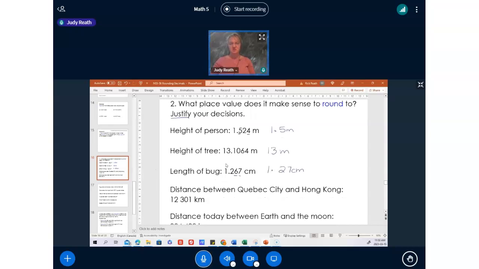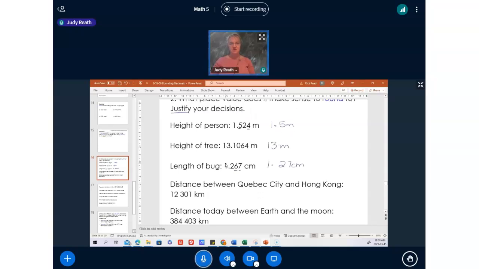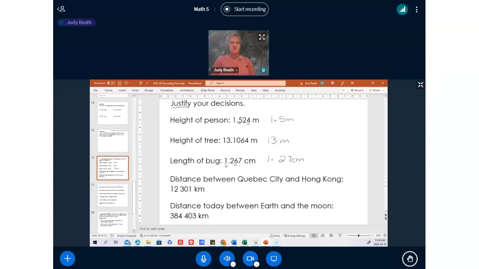The distance between Quebec City and Hong Kong, we probably don't need to know that it's closer than 12,300 kilometers. So we'd probably round it to the nearest 100. And the distance today between the Earth and the Moon, it changes every so often.